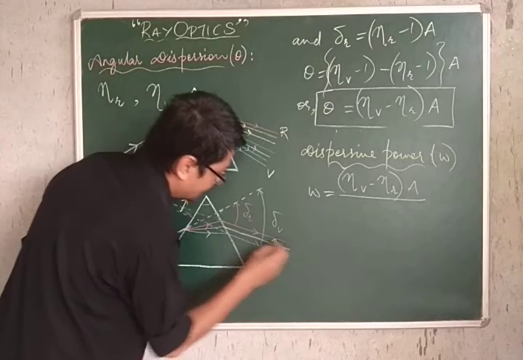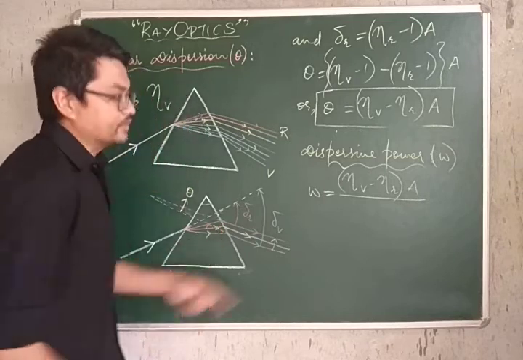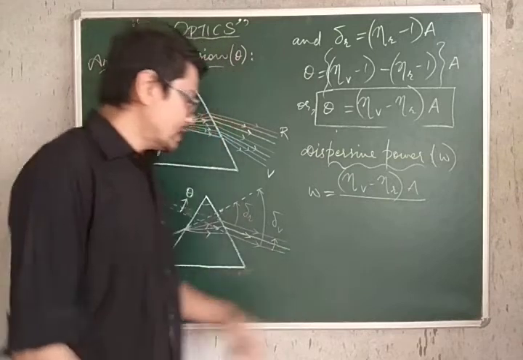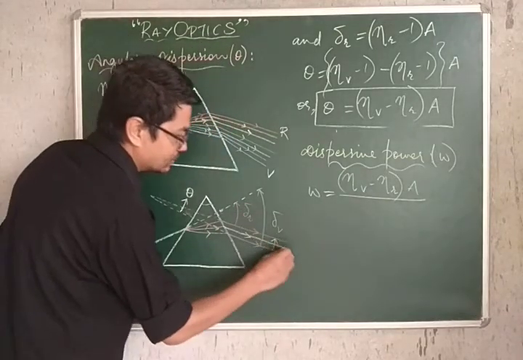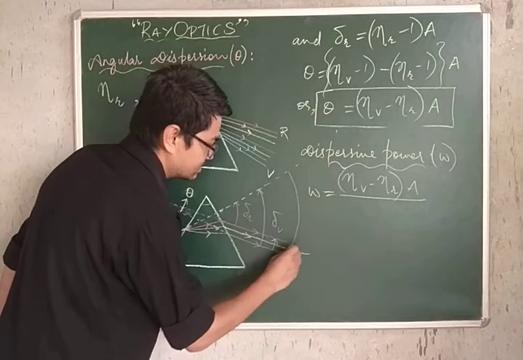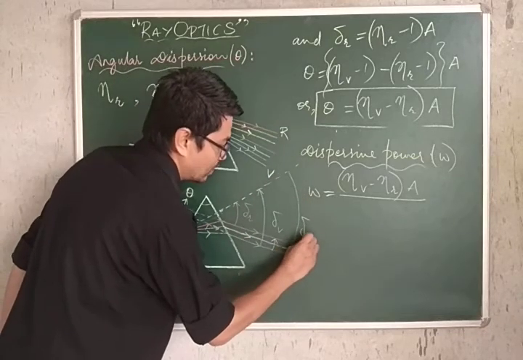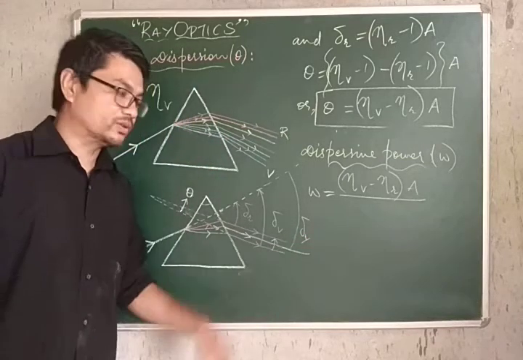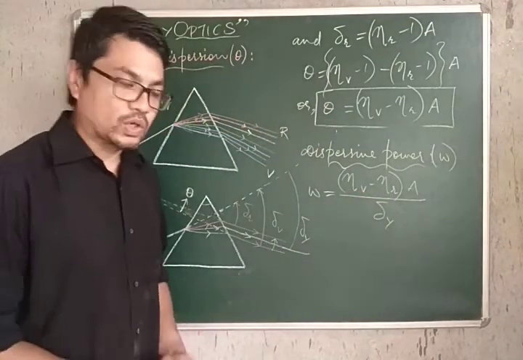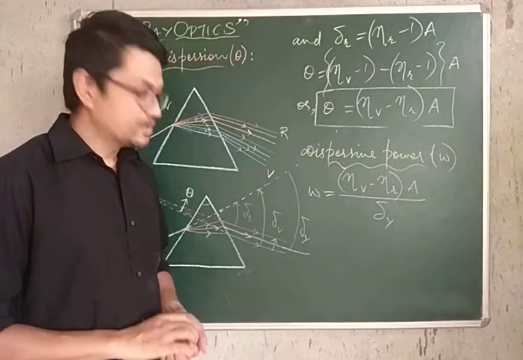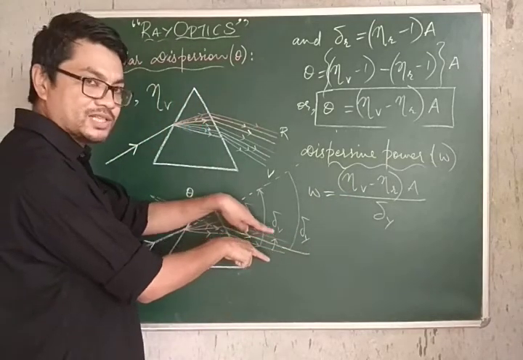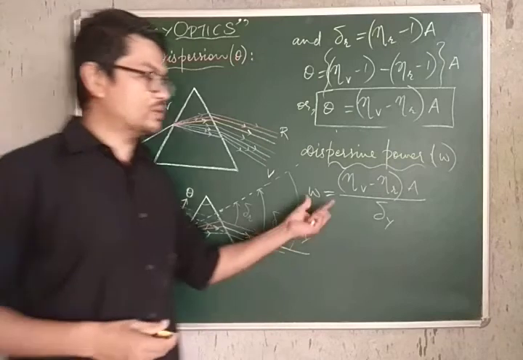The ratio of the angular dispersion between red and violet light to the deviation suffered by yellow light, so this was the direction of white light, so this deviation, delta Y, so to say. The deviation suffered by yellow light is what is called the dispersive power of the prism. It has to be angular dispersion between the two extreme lights, remember, that is red and violet.